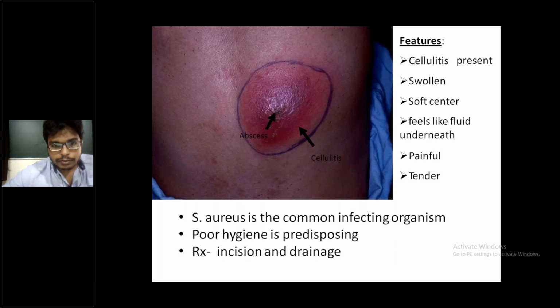Cellulitis is common along with this abscess because an abscess is a collection of pus, and this pus is one of the risk factors for inflammation of surrounding tissues. It presents swollen, with a soft center that feels like fluid underneath, and painful. This can be treated by incision and drainage and gram-positive coverage antibiotic.